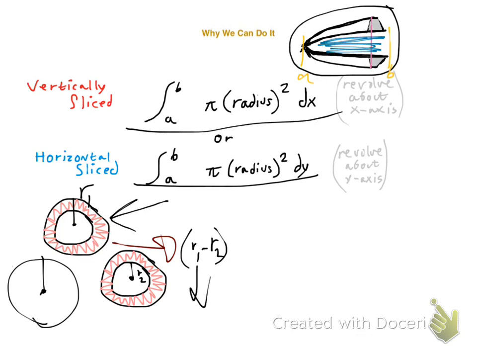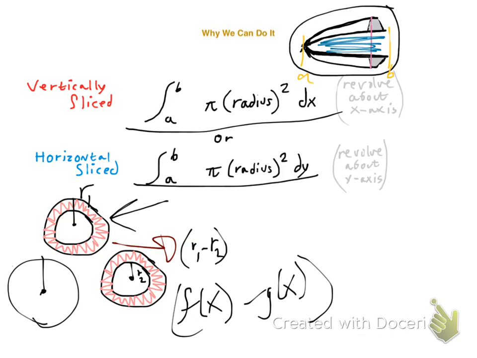So r sub 1 is just your f of x. You have an f of x, that'll be r sub 1. Then r sub 2 will have a g of x. And so it'll be as simple as that.